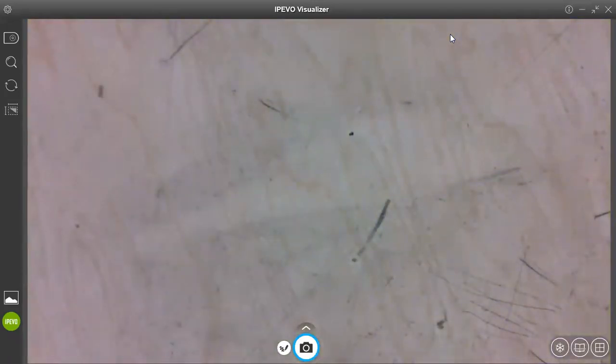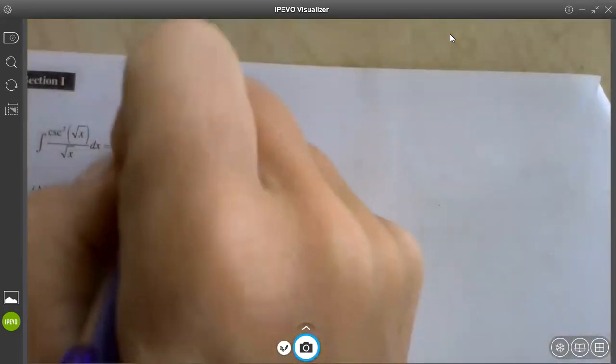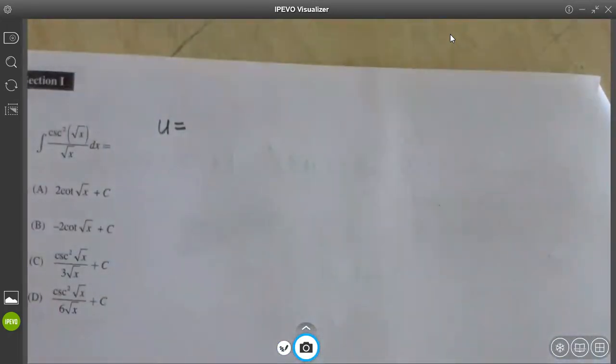What about this one? Okay, 23 is not a hard one. How do you do 23? Now that we've done these multiple times, what do you think you should do? Try u. What's the function within the function?